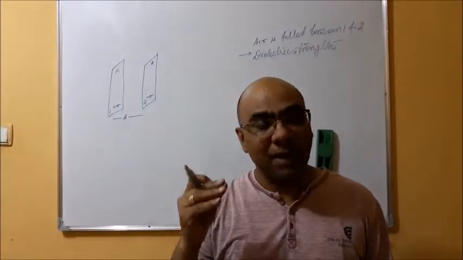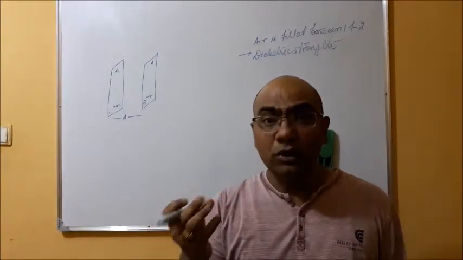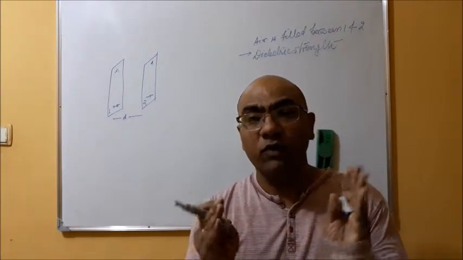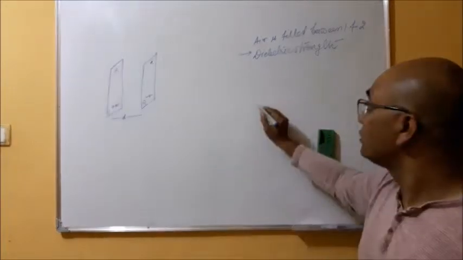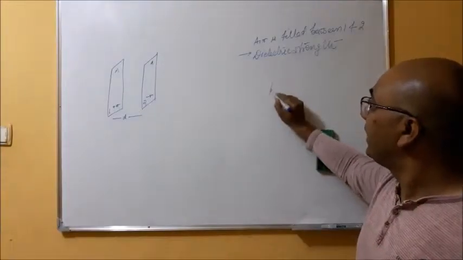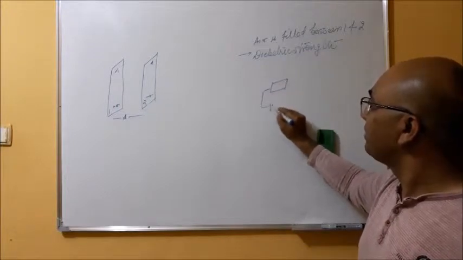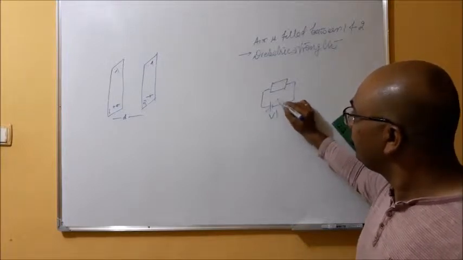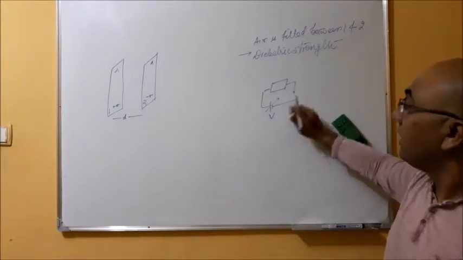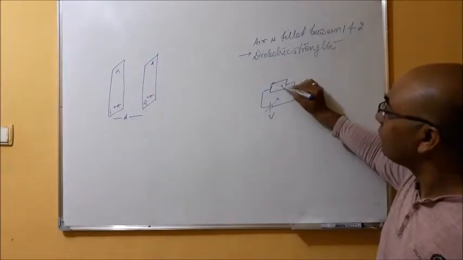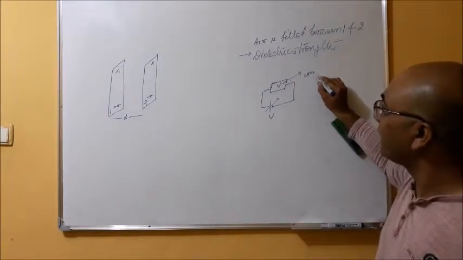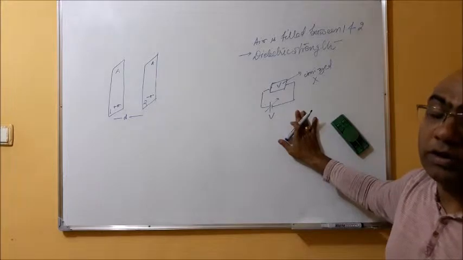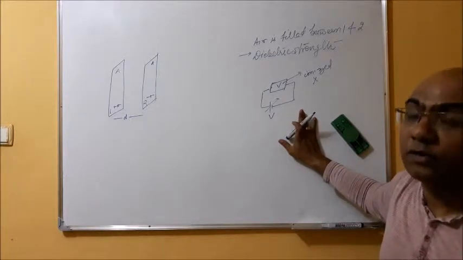Dielectric strength means the capacity of any material to remain unionized when we are increasing the value of potential. Suppose this is some material and we are applying some potential on it. When we increase this value of V, the value of V up to which it will not ionize is known as the dielectric strength. After this point it will ionize, right?